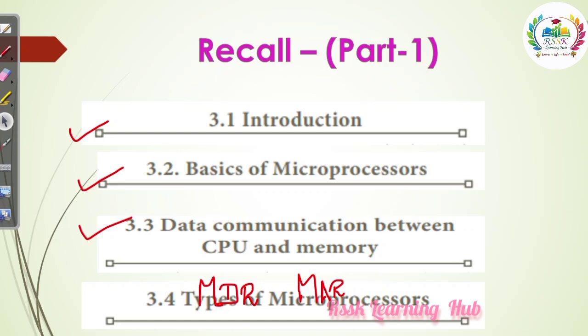Similarly, based on the instruction set, we can classify microprocessors as RISC, that is reduced instruction set computer, as well as CISC, that is complex instruction set computer. Then we discussed the examples of CISC and RISC machines. Okay, so up to this we covered the part 1 session of your computer organization.